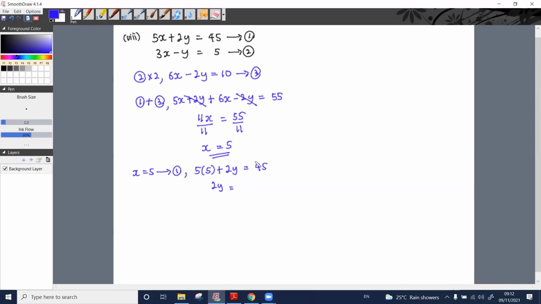It will become minus 25. So 45 minus 25, that is 20. Divide both sides by 2. Y should be equal to 10. If you got this one correct, allocate 1 mark. And if you got the y value correct, allocate another 1 mark.